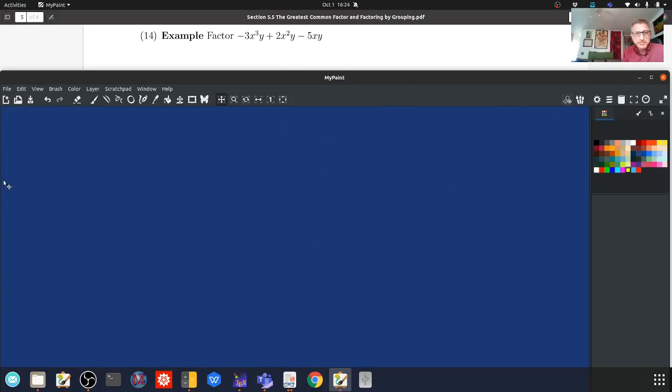So here I have minus 3x cubed y plus 2x squared y minus 5xy. Let's do this in our heads. 3, 2, and 5 are a list of prime numbers, so the GCF is 1.